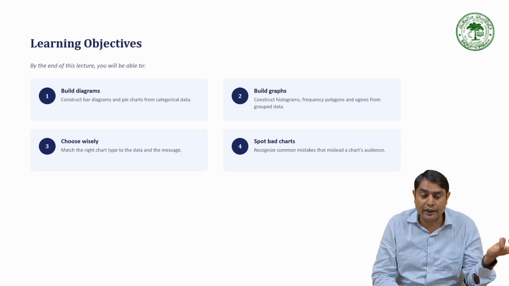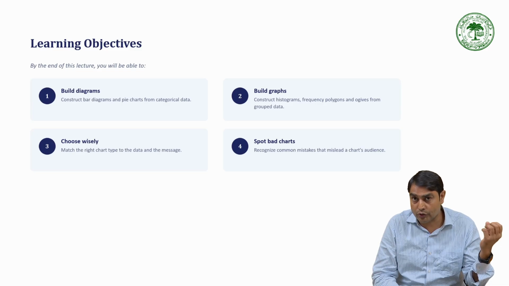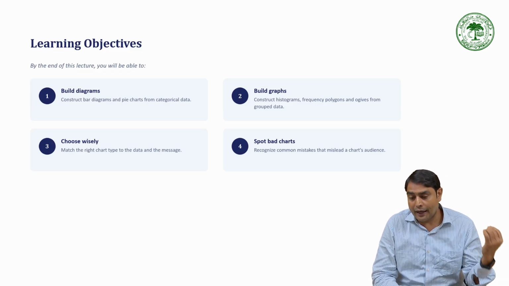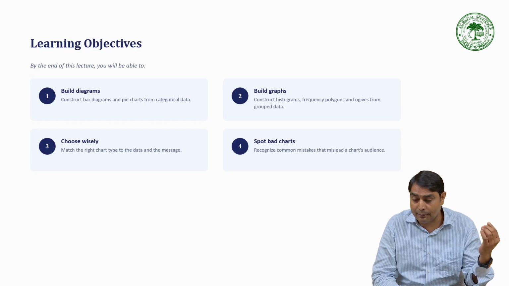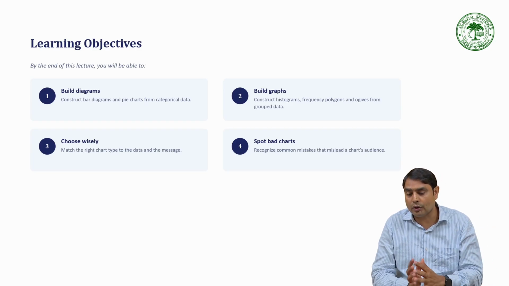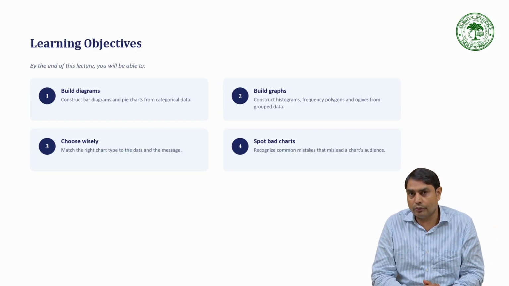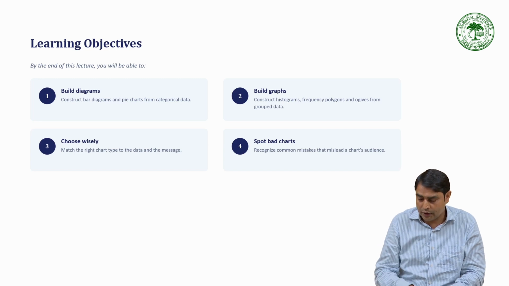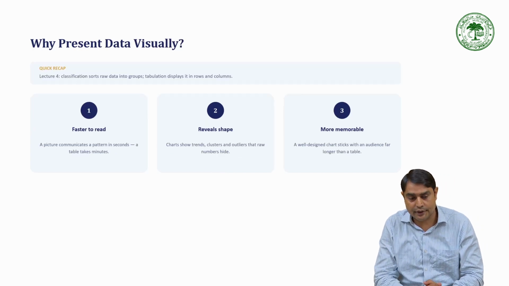We will also learn how to choose the right method to present our data: what should be the right graph or the right diagram for my data. And we will also learn what the key problems with the data are, and what key things should be taken care of while dealing with graphs and diagrams.